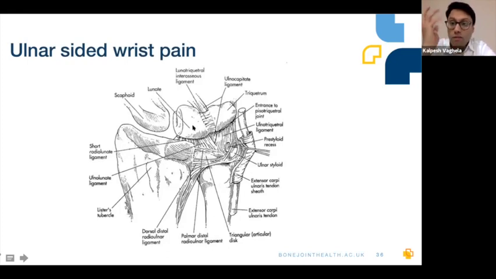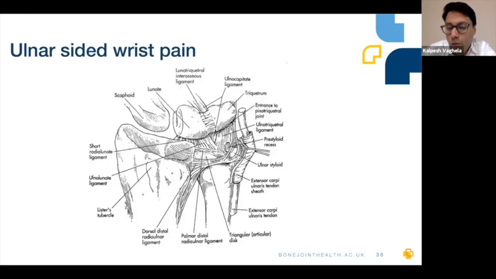So when you come to the ulnar side of the wrist, it's quite common that you see people with distal radius fractures present with ulnar-sided wrist pain, and actually it's quite a challenging area of the wrist to deal with because there could be multiple things going on, such as TFCC tears, arthritis, and ECU tendonitis.